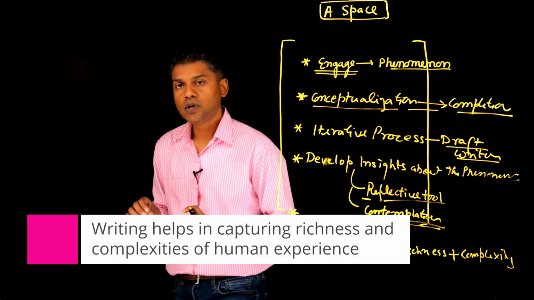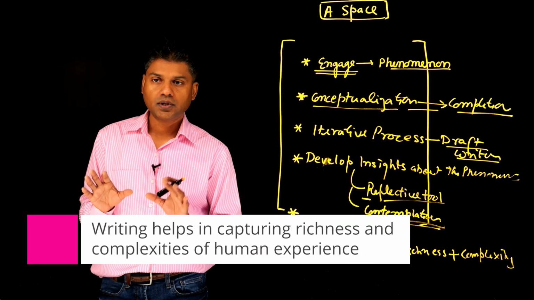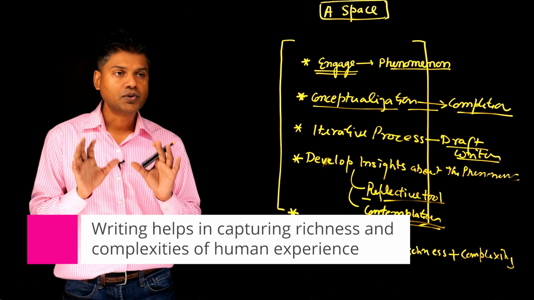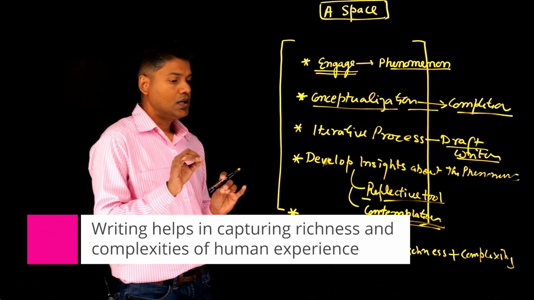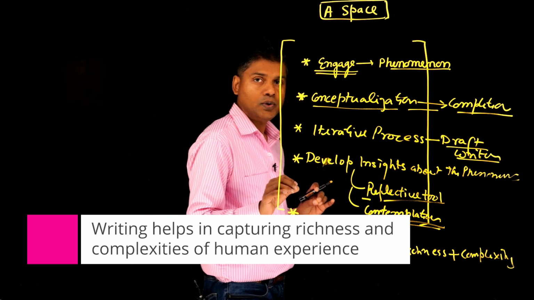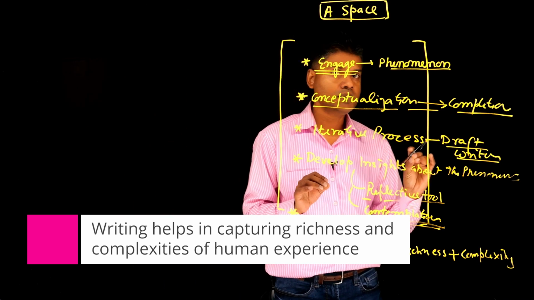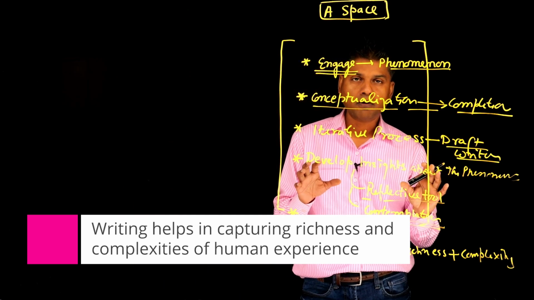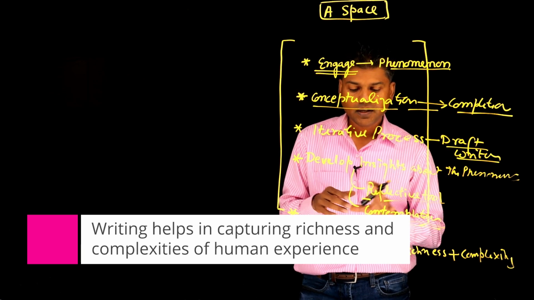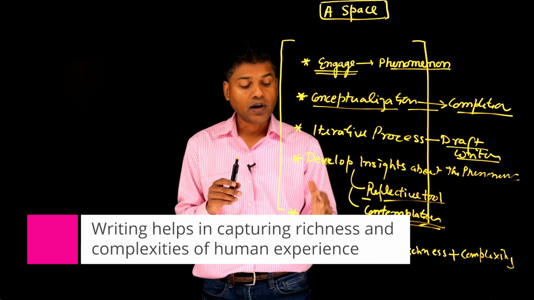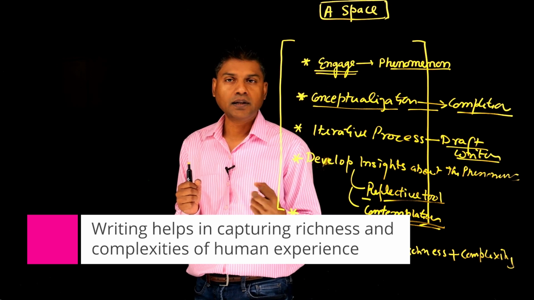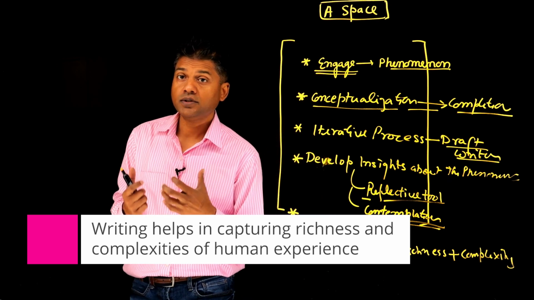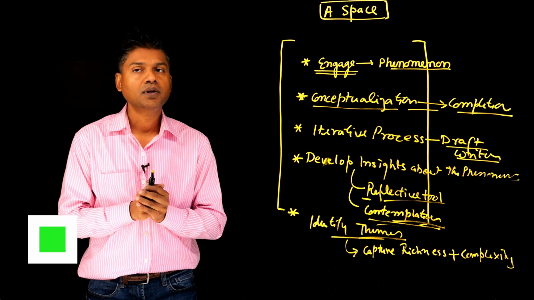As you know, phenomenological research is about understanding lived human experience. So writing is not used only to identify themes and analyze the data or maybe find some pattern. It's more than that. Writing is a tool to capture the richness and complexity which is involved in a human experience.